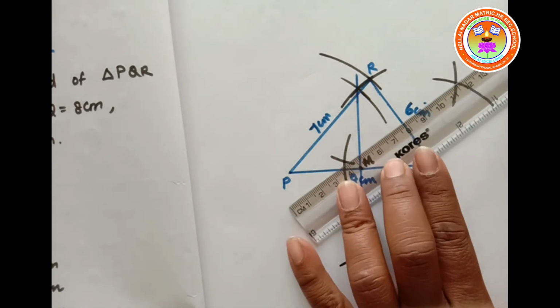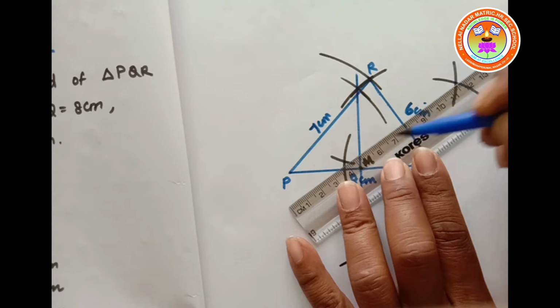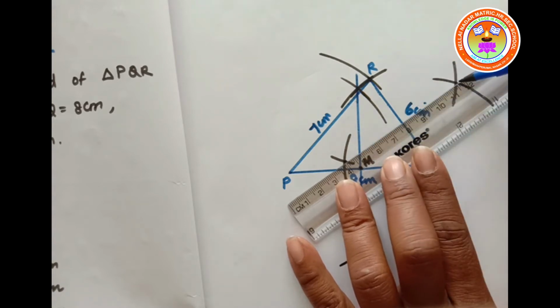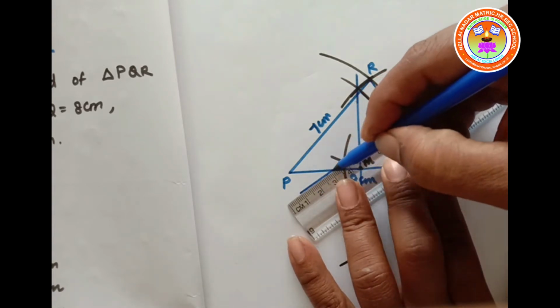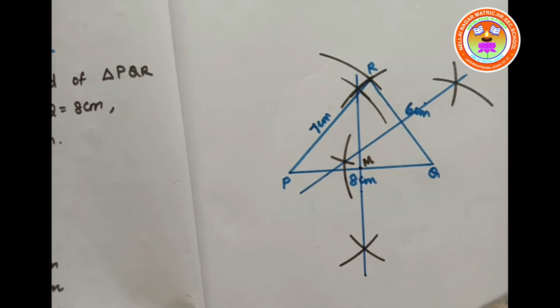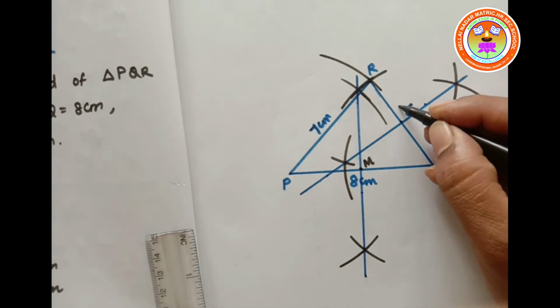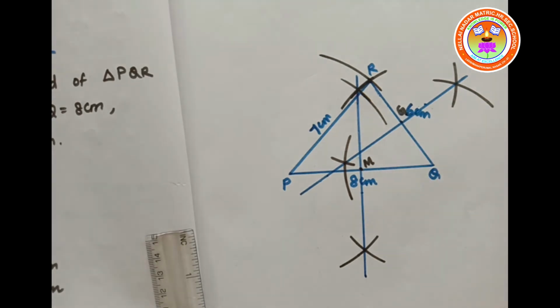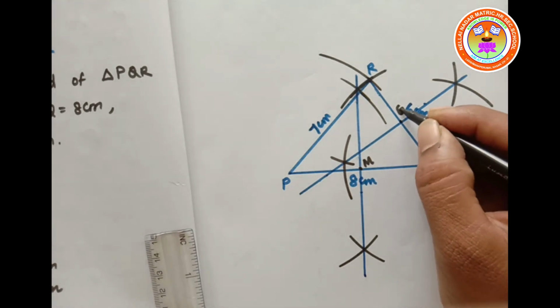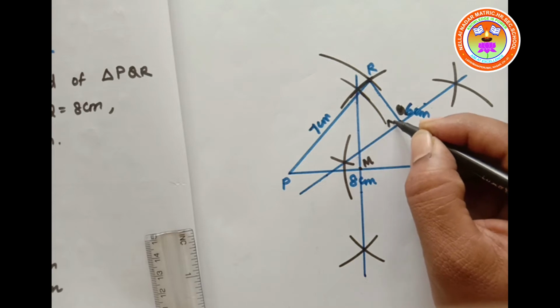With the help of a scale, first adjust the scale like this, then draw a line like this. Consider this point as N. I'll write here, children, N.